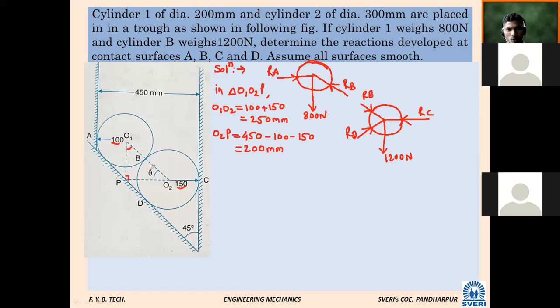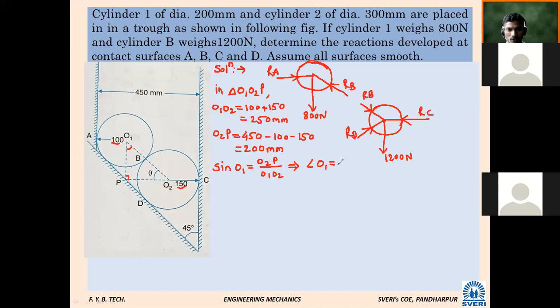At point O1, the angle between this 800 Newton and RB, which should we apply, sine or cos? Sine. So here I will write sine of O1 is equal to O2P upon O1O2.